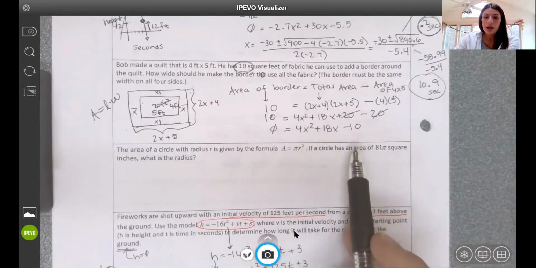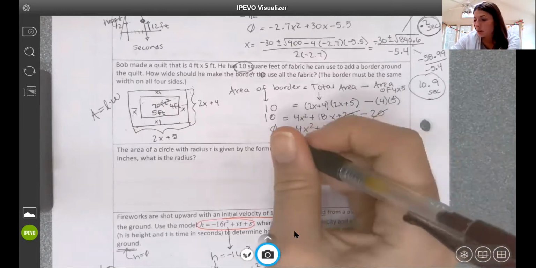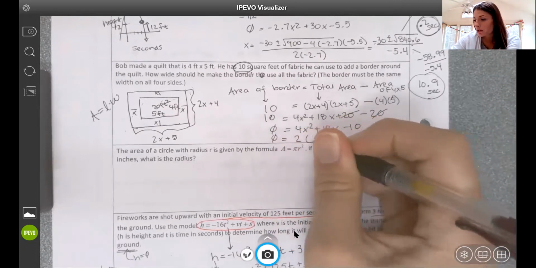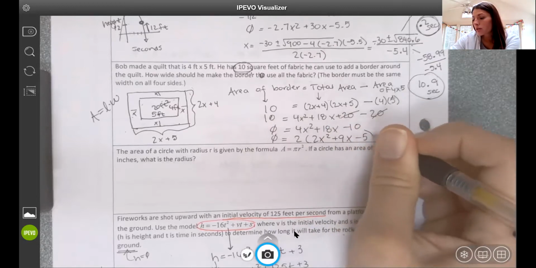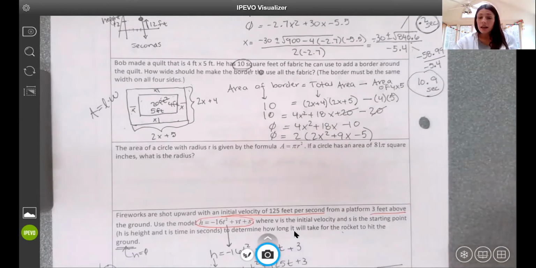One thing I notice is that I have a GCF, right? So next, I'm going to take out a common factor of 2, leaving me with 2x squared plus 9x minus 5. Now, if I can, I'd like to solve this with factoring. If not, we'll use the quadratic formula.